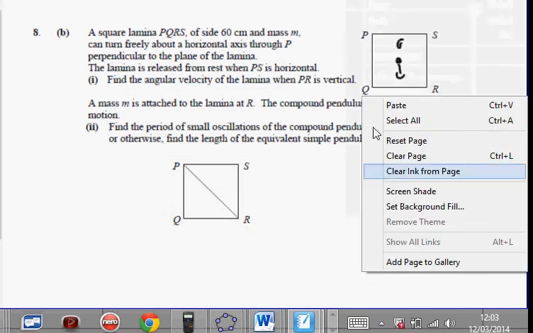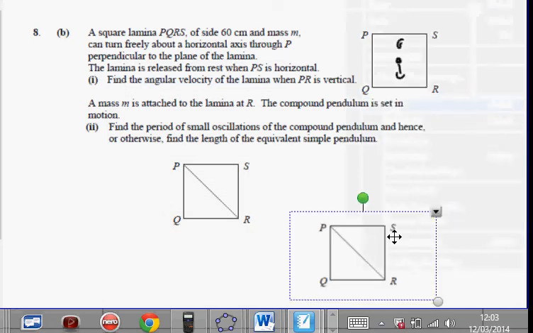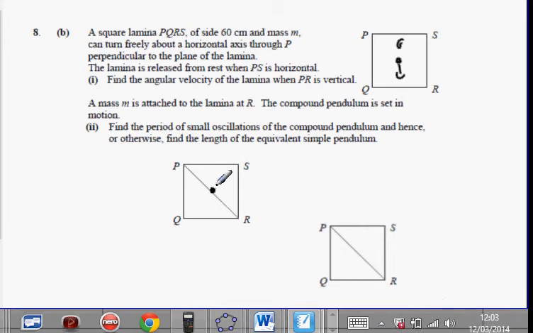At the moment the centre of gravity is a distance, the side is 60, isn't it? So half of that is 30 and 30, and I'm going to do it in terms of metres, so that's 0.3 and 0.3. Do you understand that it's 0.3 below PS, yeah?